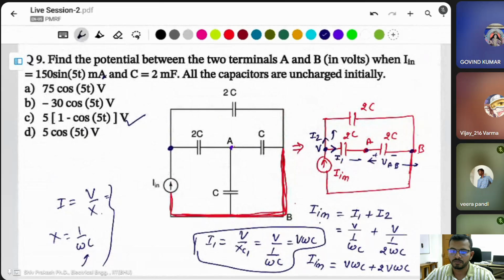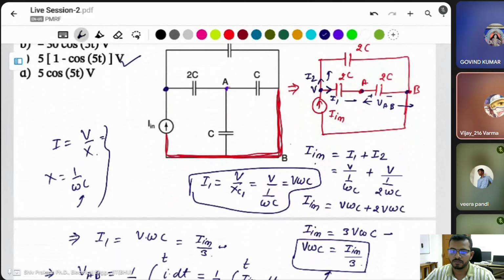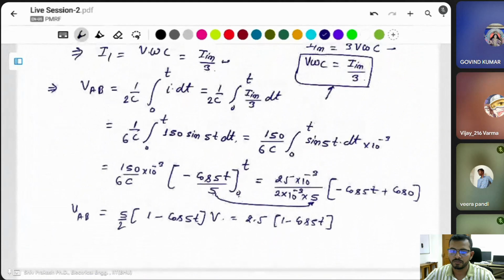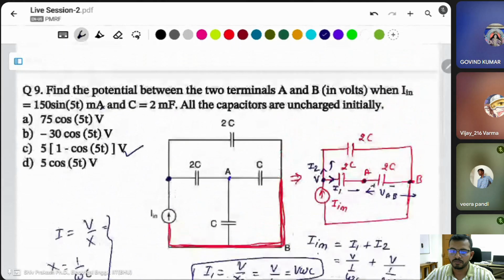I think there is no option. Okay, no problem. 150 by 6 means, then 150 divided by 6 is 25, no? Then I think there is no 2, sir. Here, after 6, no. 150. C is the capacitor value, 2 millifarad.